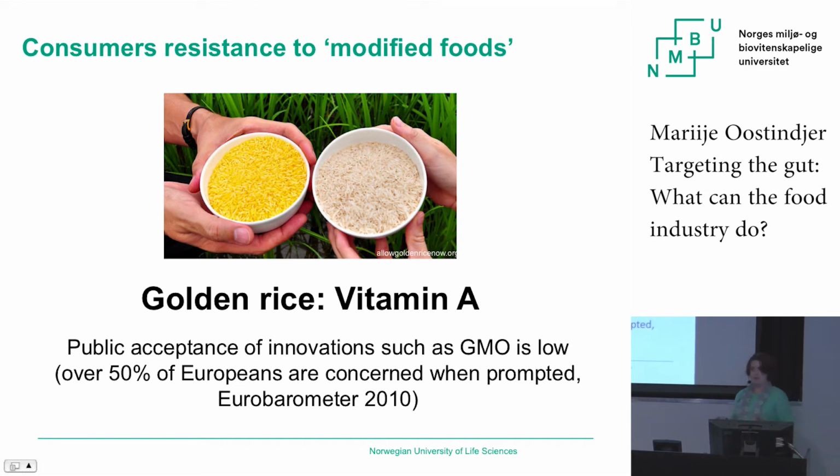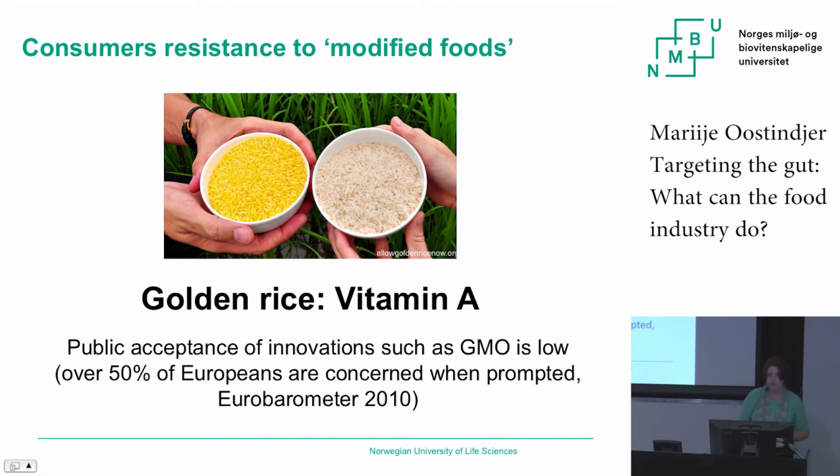But if you look at the resistance, both in the public domain as well as in several NGOs working against it, there's a lot there. It's very strong, the resistance against it, even though it can help solve a lot of health problems.